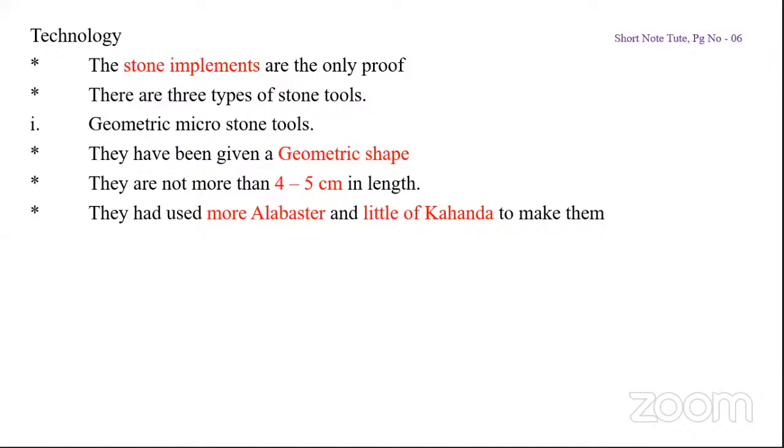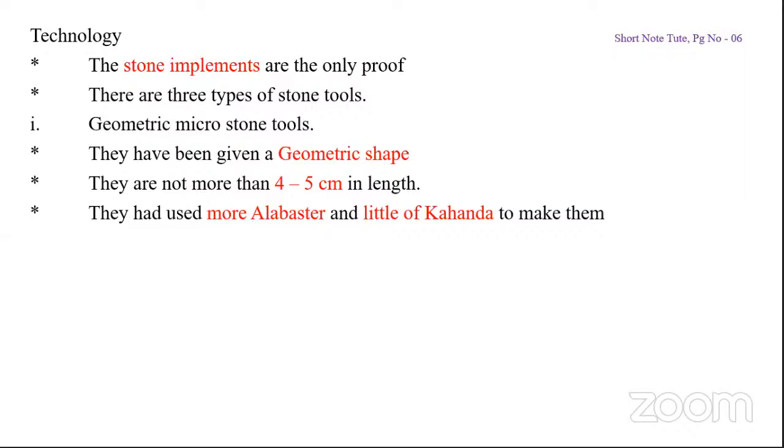So they used alabaster and a little of Kantha stone to make these geometric micro tools, because when you make something very small using alabaster and Kantha stone, it is not breakable.